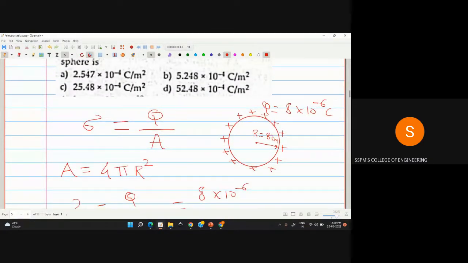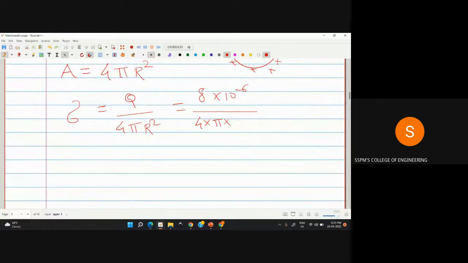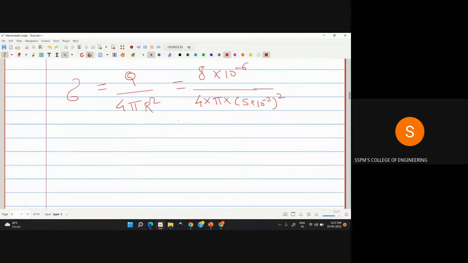I have written 8 centimeter mistakenly, but the exact radius is 5 centimeter. So it will be 5 into 10 to the power minus 2 square, isn't it? And you can solve this numerical. This will be 8 divided by 4 pi into 25 into 10 to the power minus 6 divided by 10 to the power minus 4.